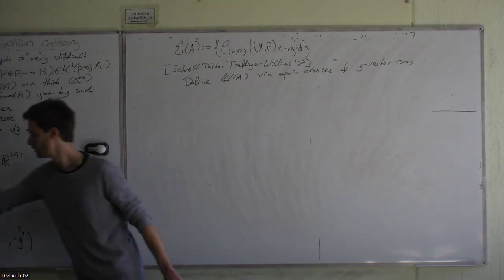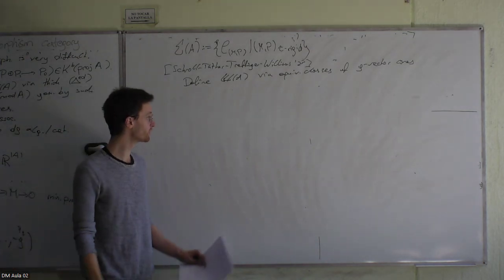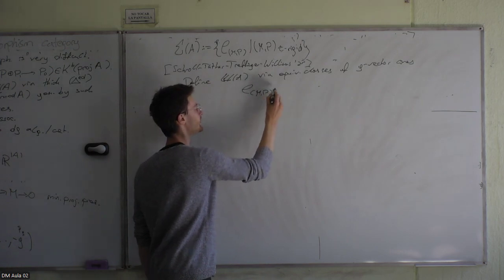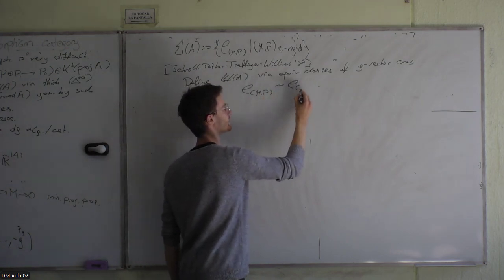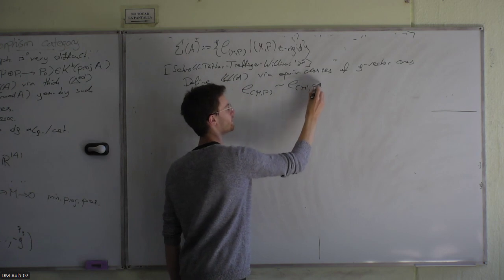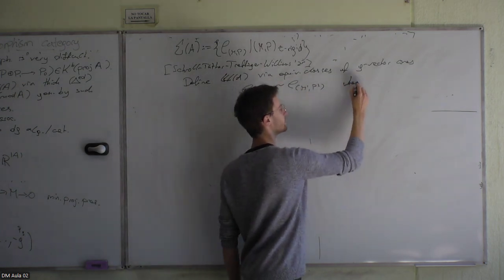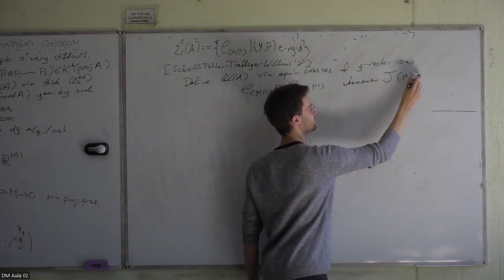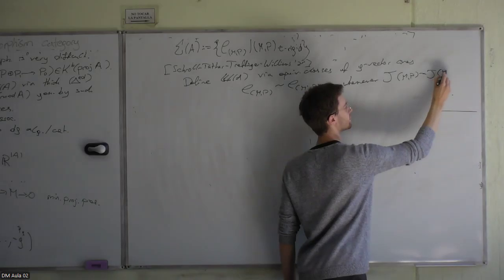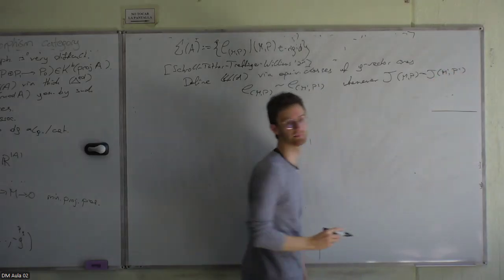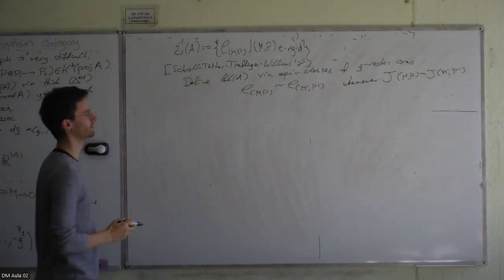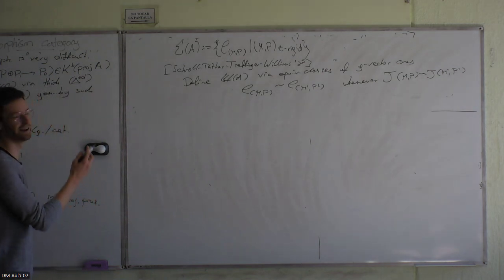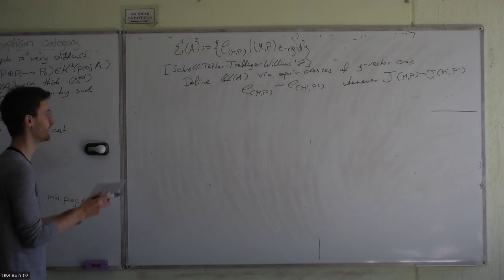This is what I call these things, G-vector cones, where we say that C, MP is in an equivalence class with C, M prime, P prime, whenever this subcategory of MP is the same as this subcategory of M prime, P prime. Right? So with this, you can convince yourself that you probably get the same category.